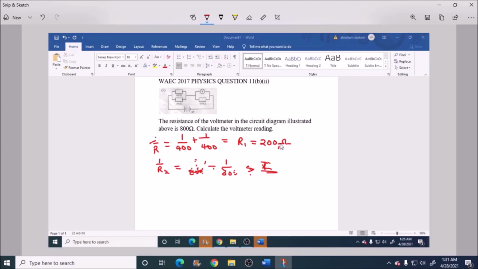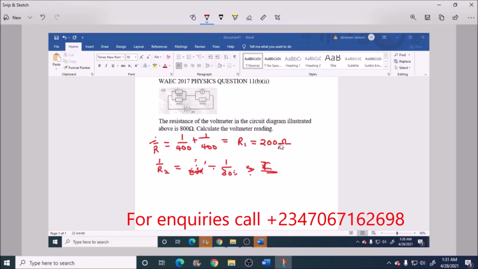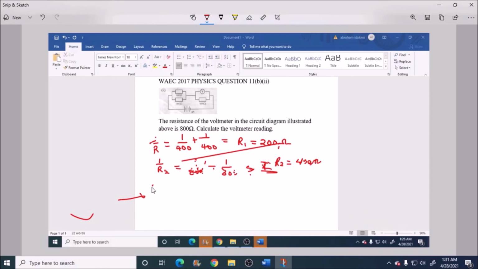Okay, so the total resistance RT is equal to 200 plus 400. We have a total of 600 ohms.